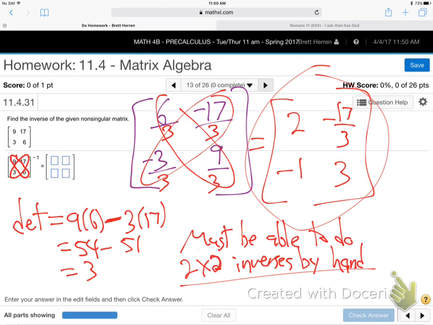There are other times where you can just use your graphing calculator, so let's save it till we get to the 3 by 3s, because that's where we don't want to do them by hand. Just make sure you're clear: you do have to do 2 by 2 by hand for the test. All right. Good. Can I move on the screen? We all good with that?